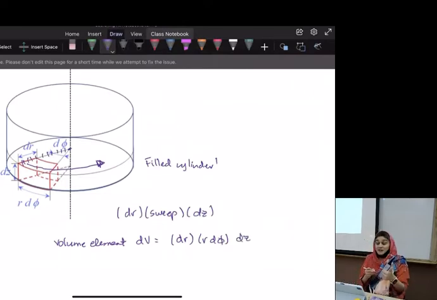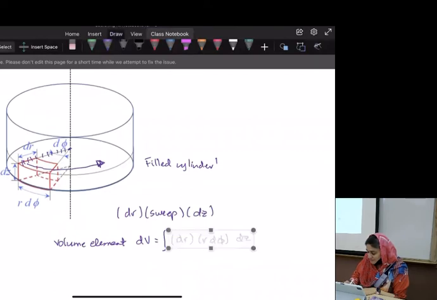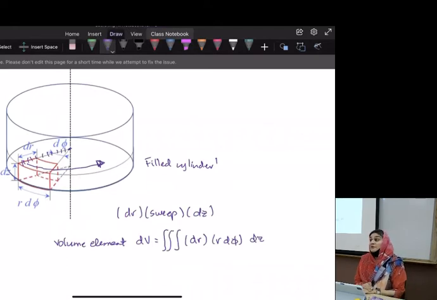Now it has dr, d phi, and dz, correct? So that means it should have how many integrations? Done. So it will have 3 integrations. One will be over dr, one will be over d phi, and one will be over dz.